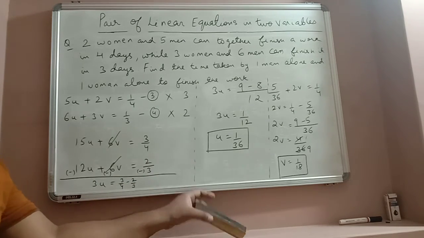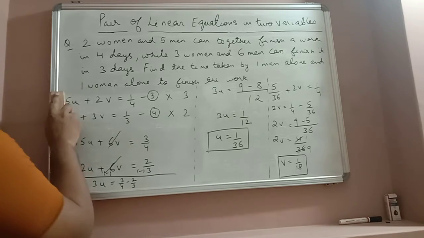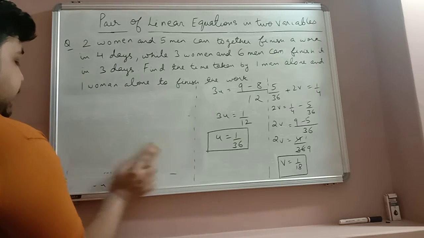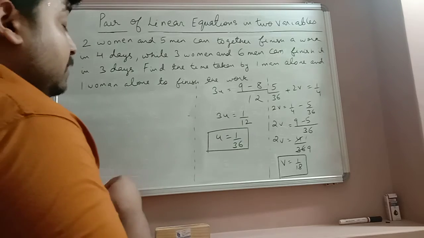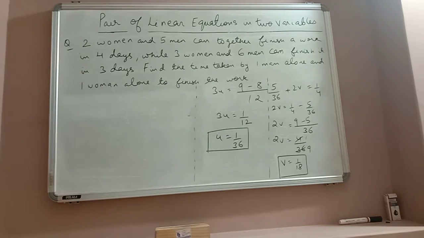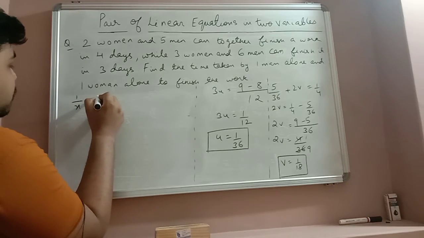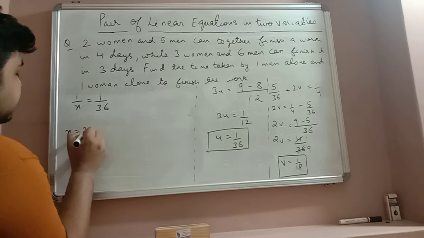So now let's find out the value of x and y. We took 1 by x equals u and 1 by y equals v. So I took 1 by x equals u and u is 1 by 36. So I got x equals 36.